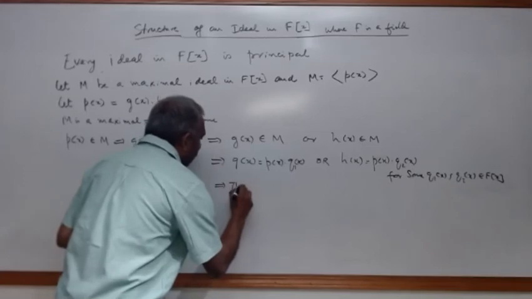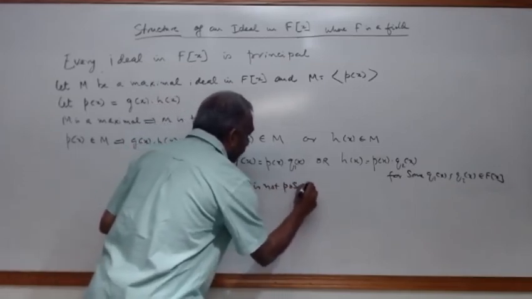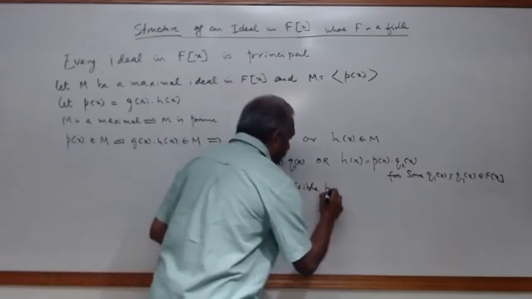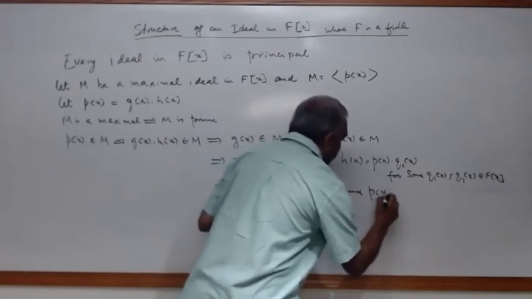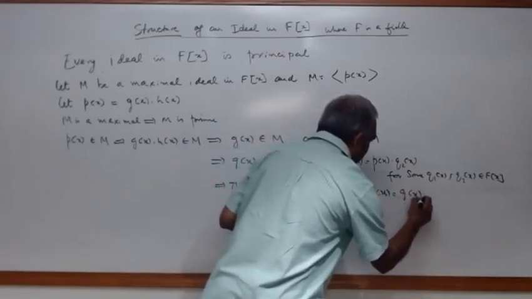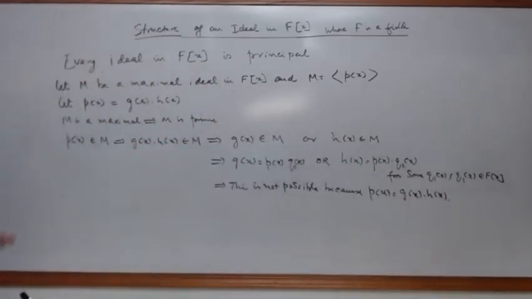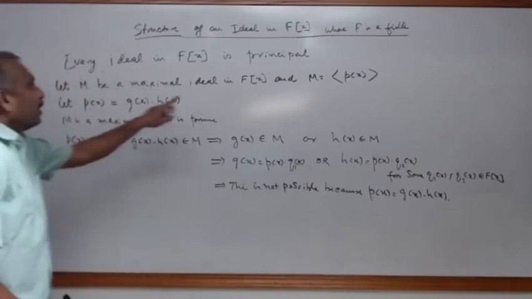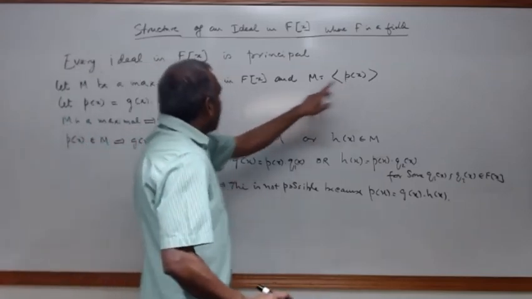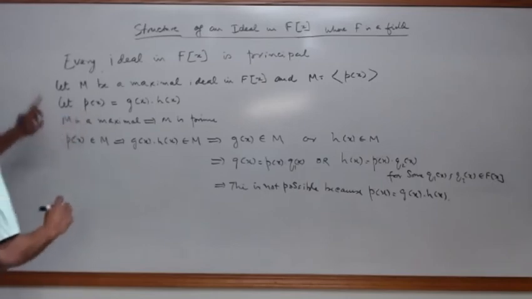This is not possible because we already assumed that p(x) is equal to g(x) times h(x). That means if M is a maximal ideal, then we cannot factorize the generator, meaning this has to be an irreducible polynomial.